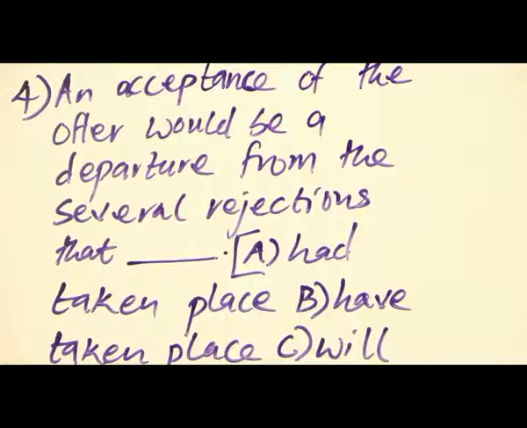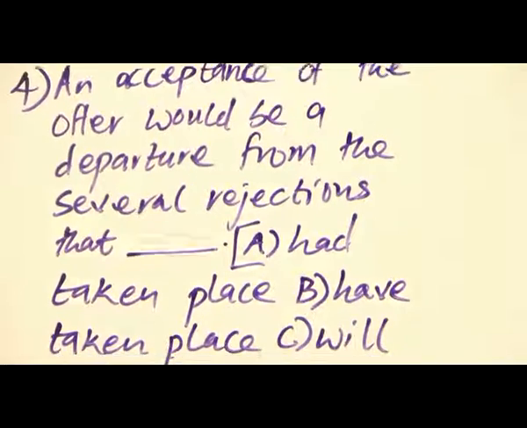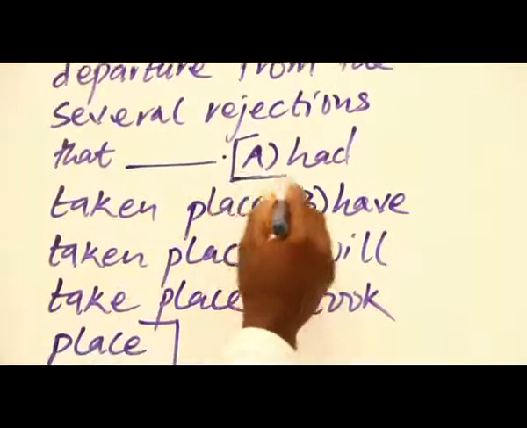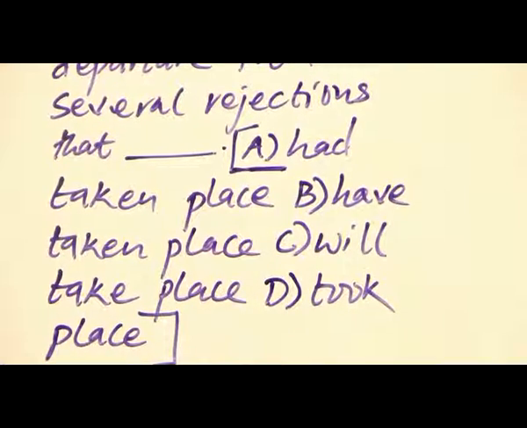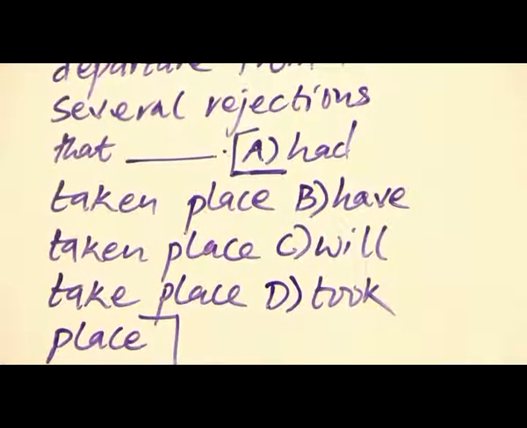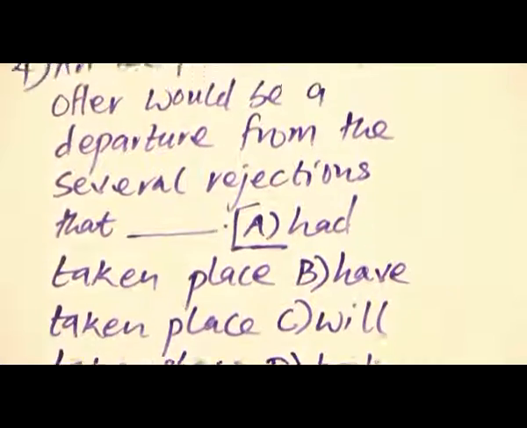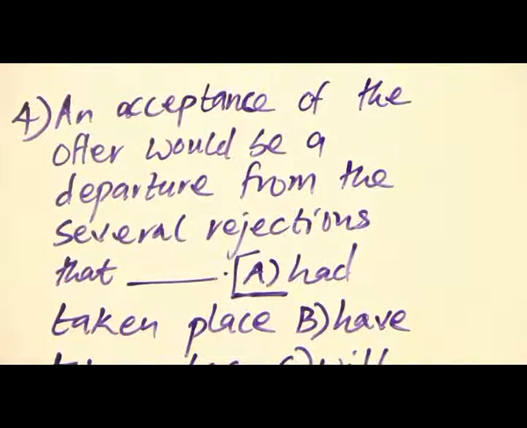So when you have two actions like that in the past, with one finishing before the other, it's always better to put one of them in a past perfect form. Based on that, we now take our answer to be option A, as an acceptance of the offer would be a departure from the several rejections that had taken place.